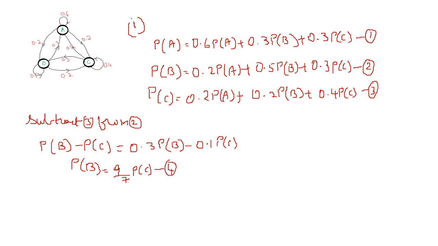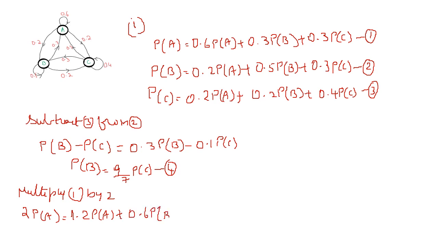Next, we'll multiply the first equation by 2. After multiplication we get 2 times P of A is equal to 1.2 times P of A plus 0.6 times P of B plus 0.6 times P of C. Let this be equation 5.